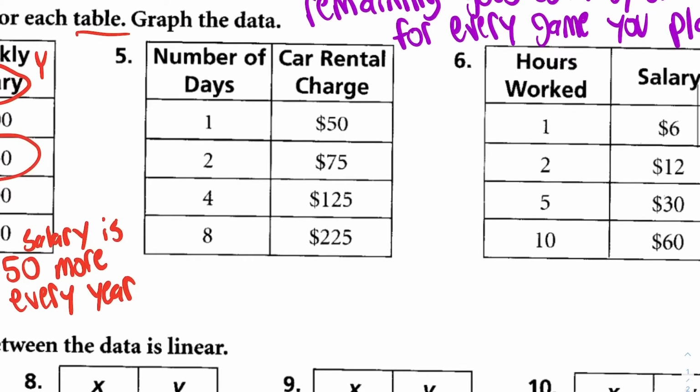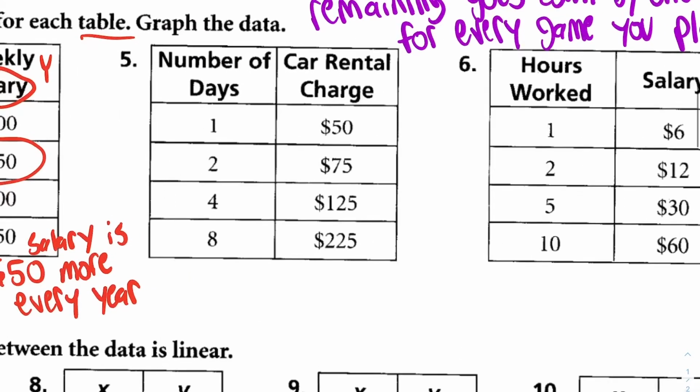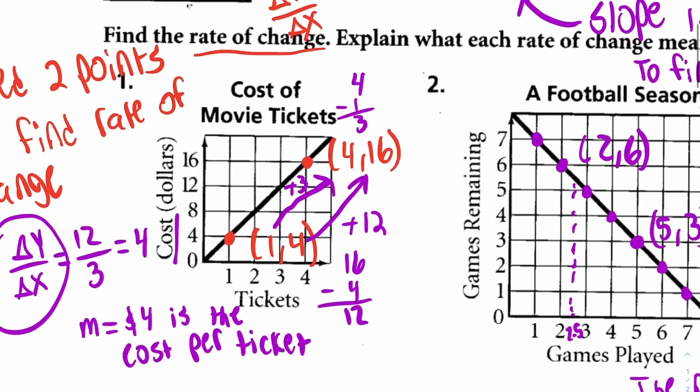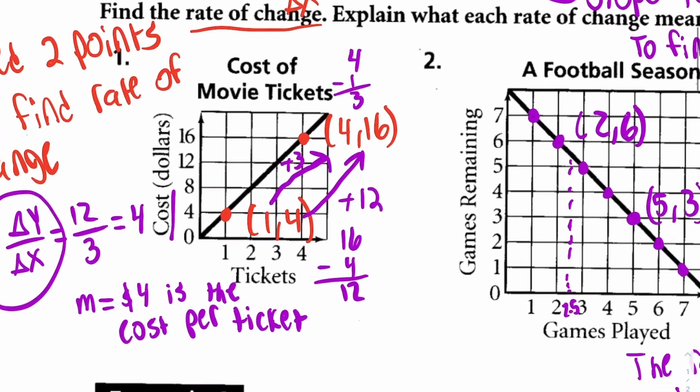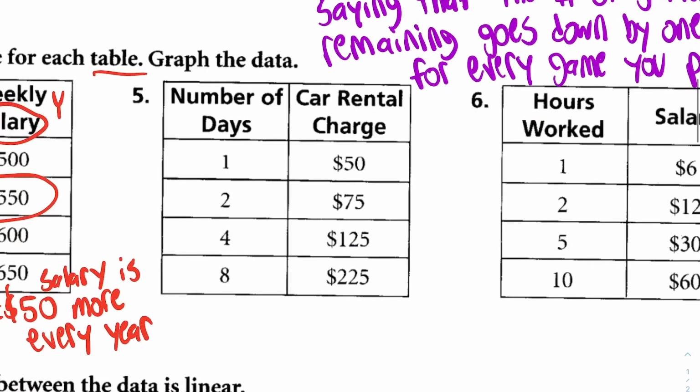Now let's do it the faster way. And it's going to be similar to how I did this first example for the graphs. To find the rate of change super fast, we're going to find how did the y change? How did we get from 50 to 75? From 50 to 75 is a plus $25. Then, how did we change to get from 1 to 2?